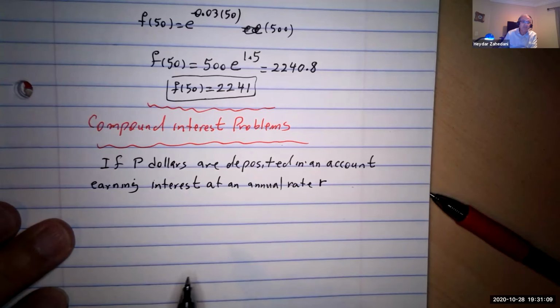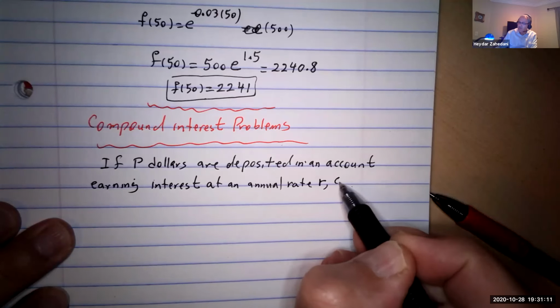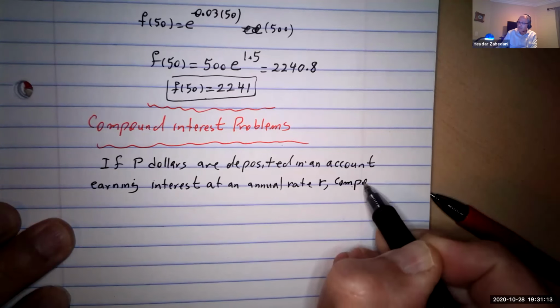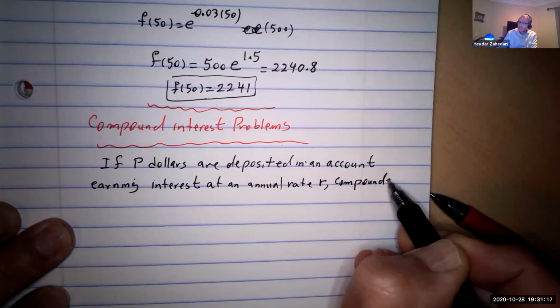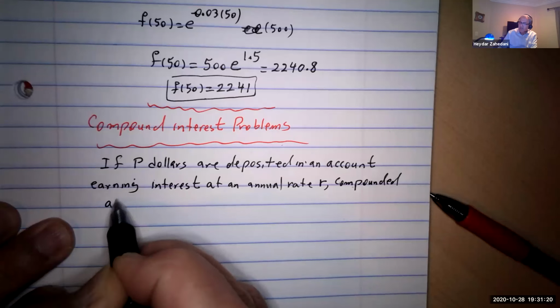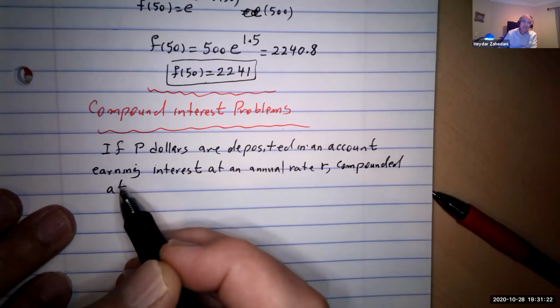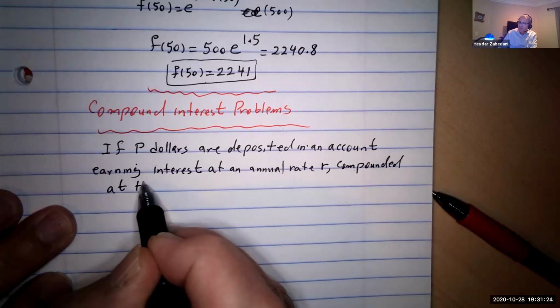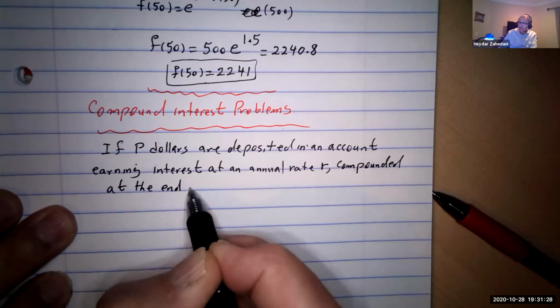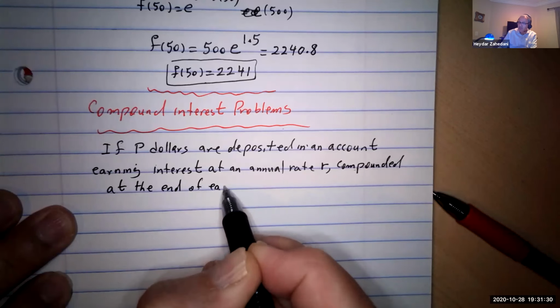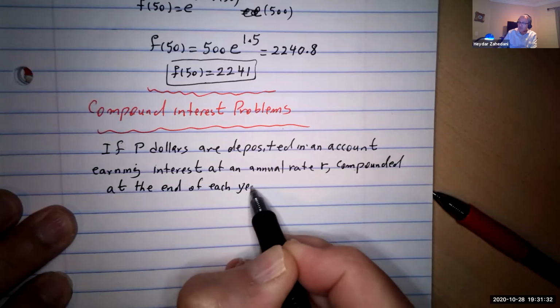And if they just compound it, they calculate your interest compounded at the end of each year. They just do it once, at the end of each year.